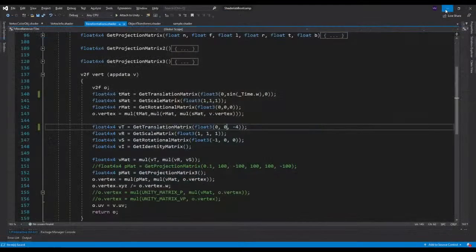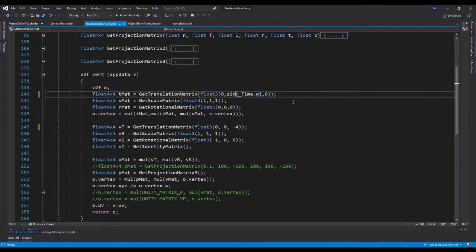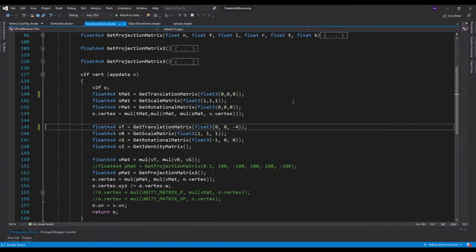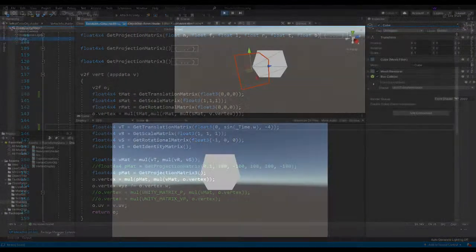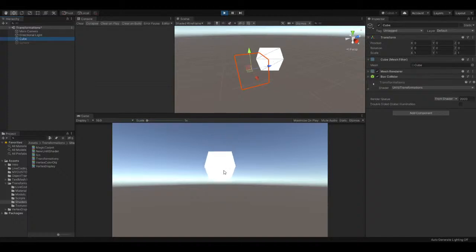If I was supposed to quickly go here, all right, in this, if I just mark it as 0, right, and then I was supposed to put it in the view space. Let's see what happens.